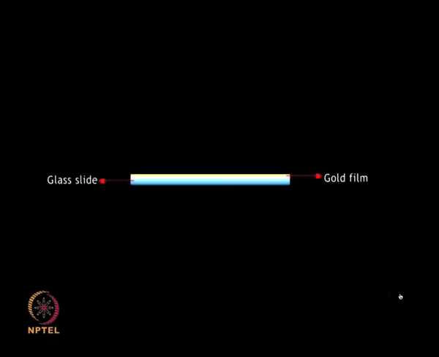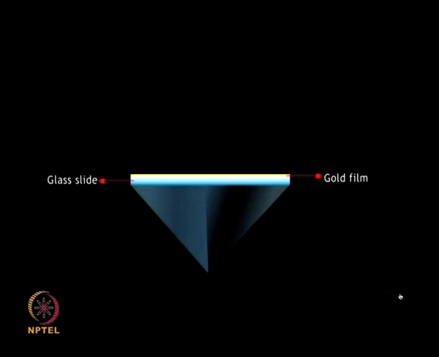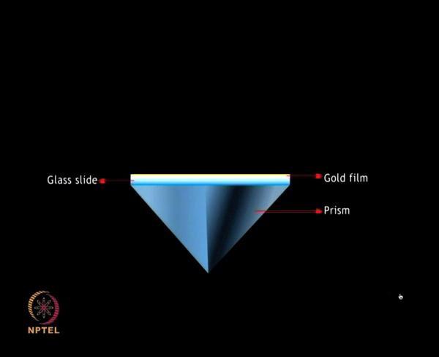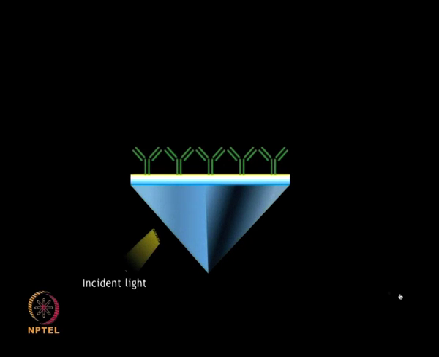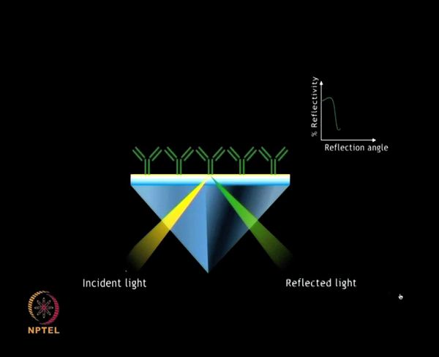So, let us watch this animation where gold film on top of glass slide, then there is a prism. The test antibodies are immobilized on the gold surface. The incident light strikes the surface and is constantly reflected at a particular angle.